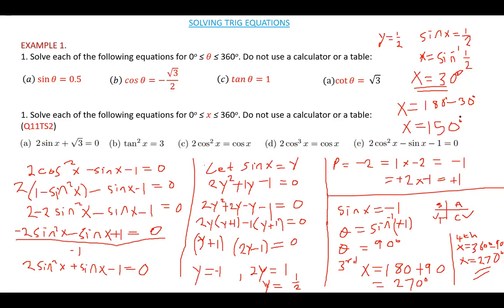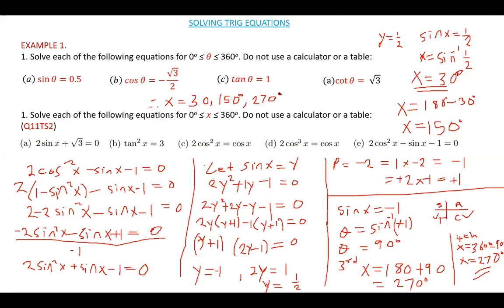So this is your value of x, meaning the final answers for x, I'm going to write them here. Therefore, my values of x are, the smallest one is 30, then followed by 150 degrees, and then you have 270 degrees.